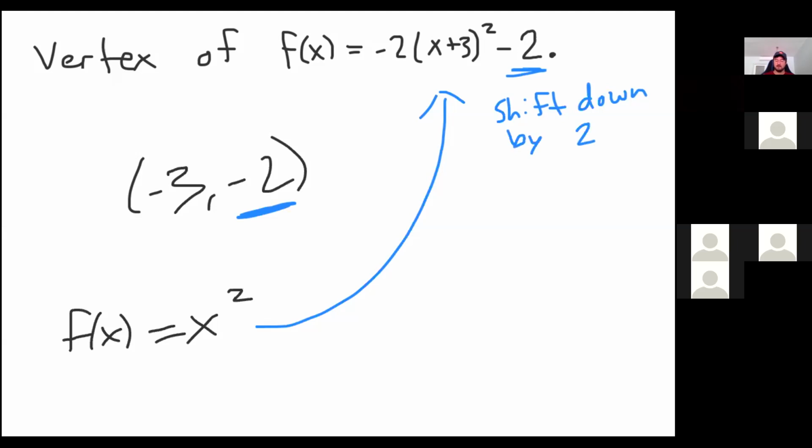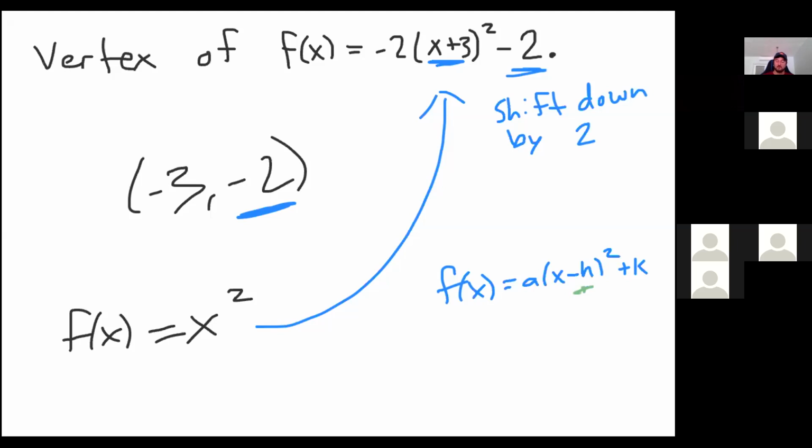And then I have to look inside before I square and see how do I modify my x values before I apply this parent function, before I apply the x squared. And remember that you can look at it 2 ways. One, the general vertex form of the quadratic is saying, okay, the x-coordinate is whatever I am subtracting from my x value before I square it, which means since I see a +3, I am subtracting a -3.